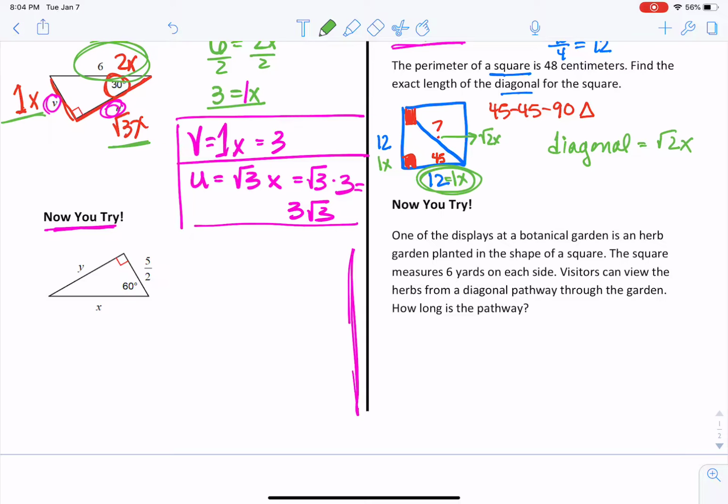So I'm going to come back over here and put d equals square root of 2 times 12. And then we simplify that or rewrite it in proper notation so that I have 12 square root of 2. That's it. Again, I will post the work for this after you attempt it.